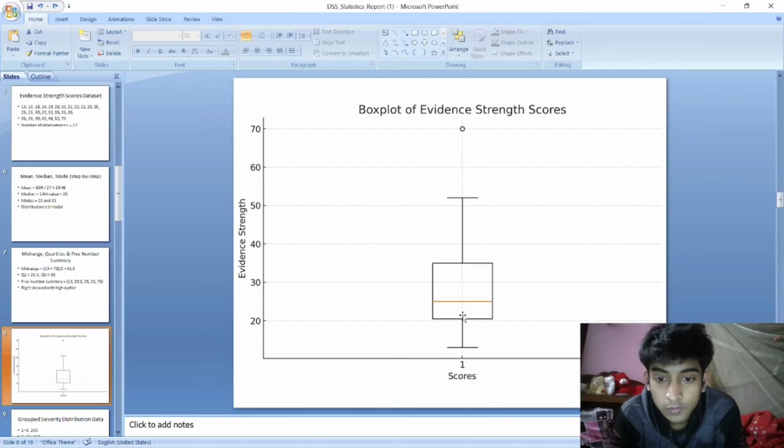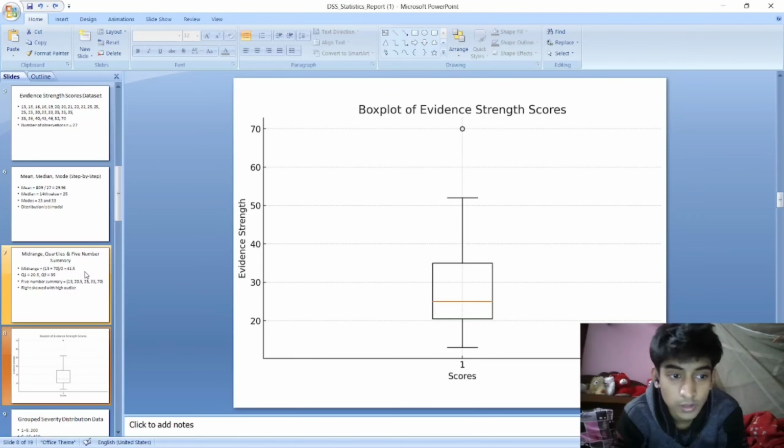In the box plot, this is quartile 1, this is quartile 2 or the median, this is quartile 3, and this is the interquartile range, from this to this, right? Here we can see there is only one outlier, that is 70. Only one evidence strength score was an outlier, which can be detected using the box plot, right?